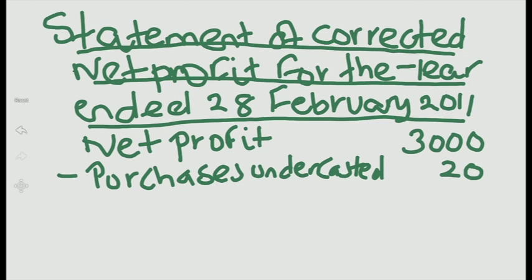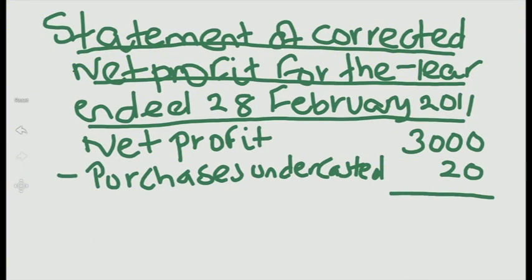No, it was just this error, because the first one was a creditor, and the second one, we received a check. That was our debtor. So creditors and debtors appear in what? In our balance sheet. So this is the only error that affects our net profit.